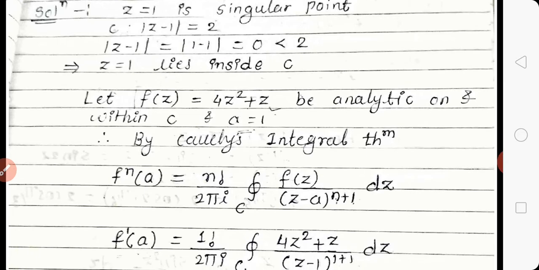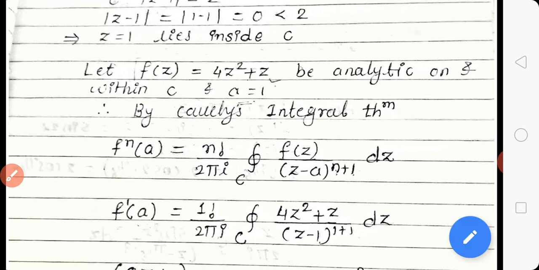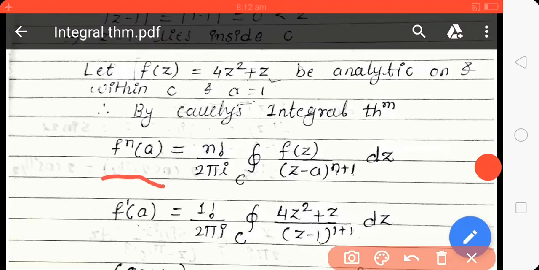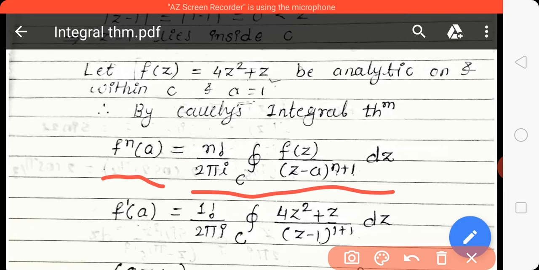Therefore use the formula: f raised to n of a is equal to n factorial upon 2 pi I line integral over C f of z upon z minus a raised to n plus 1. Here our value is z minus 1 square. Therefore we write z minus 1 square as raised to 1 plus 1.